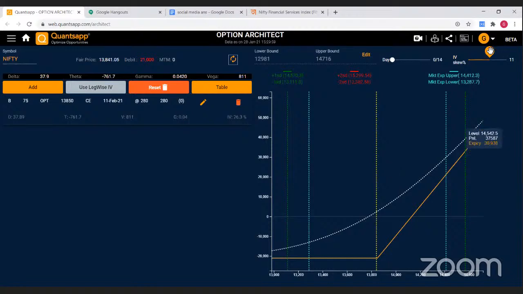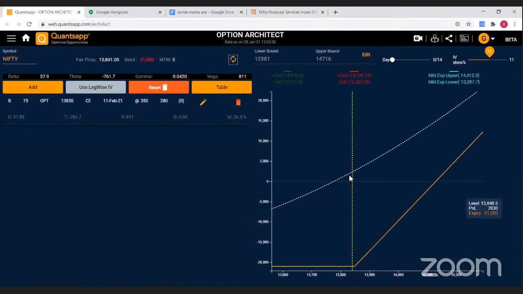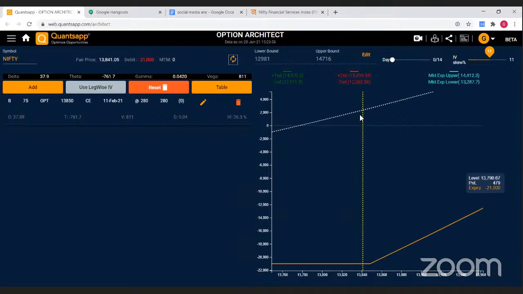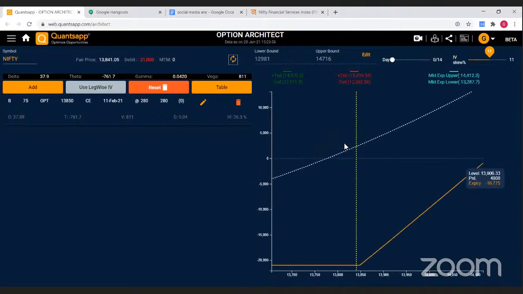So if volatility surges by 11% on that particular day, you can see that even on a single strike, with no movement in the underlying, your option payoff has increased a bit, not too much, because of the increase in volatility by 10%.